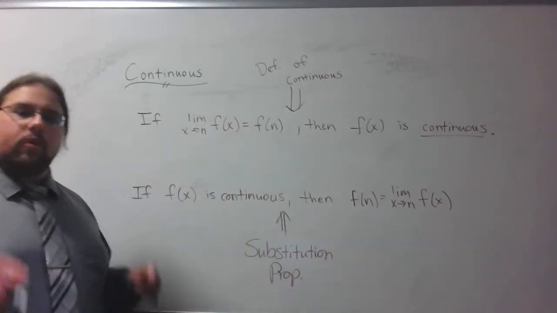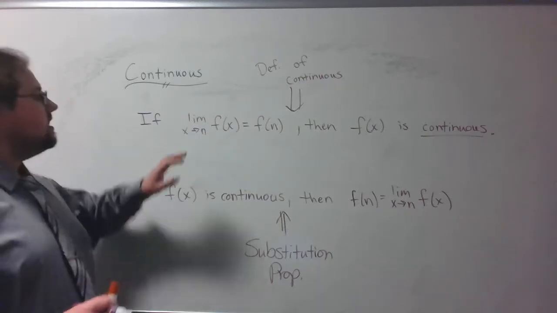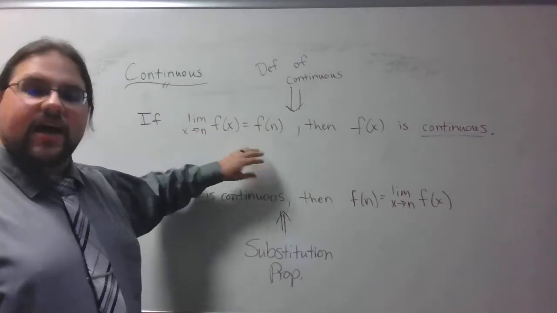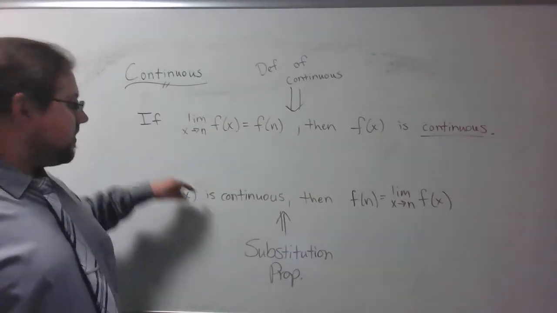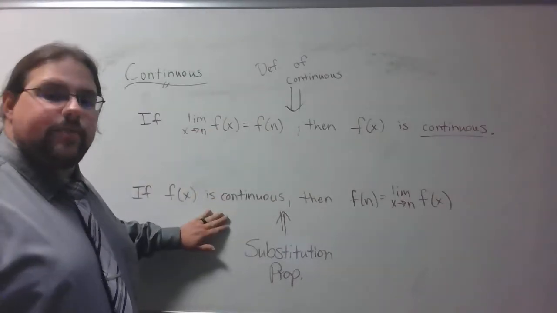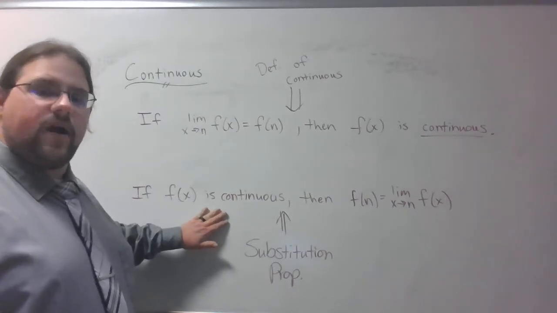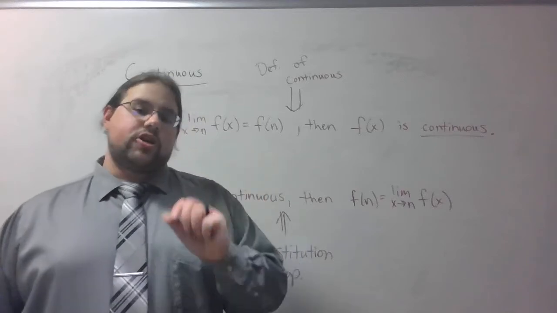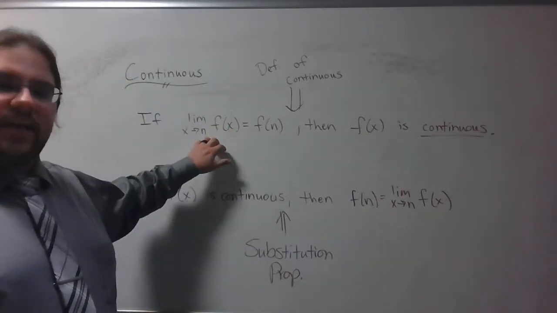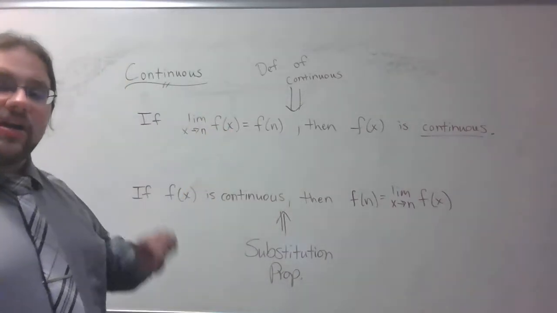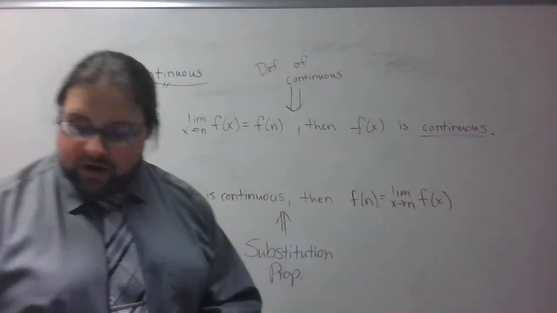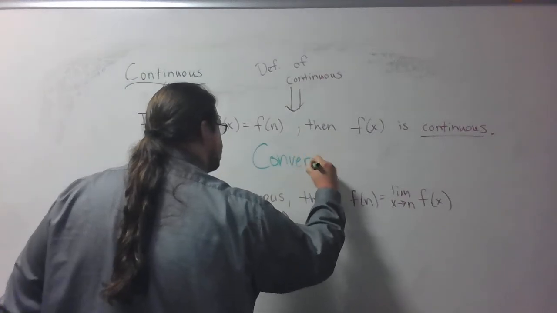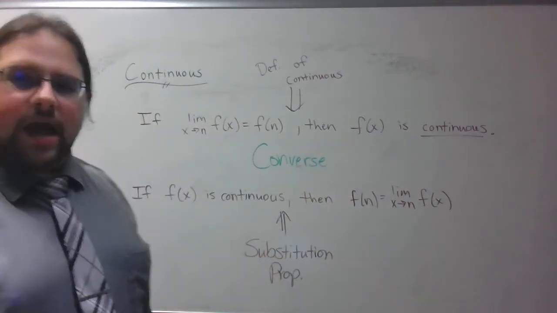So that's an important distinguishing factor: continuity starts off by saying the limit and the value are the same. However, the substitution property has to be continuous first, has to be one of my special functions. And then I can just plug it in and find the limit. So make sure you understand the difference here between continuous and substitution. They are not the same thing. In fact, if you want to remember one of your good old-fashioned geometry words, they are the converse of each other. There you go, geometry term for you today.